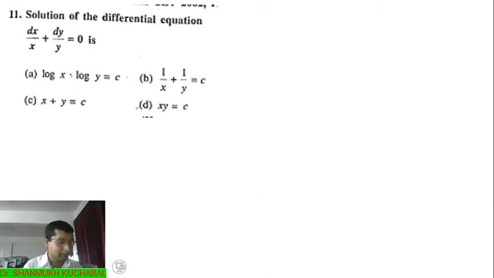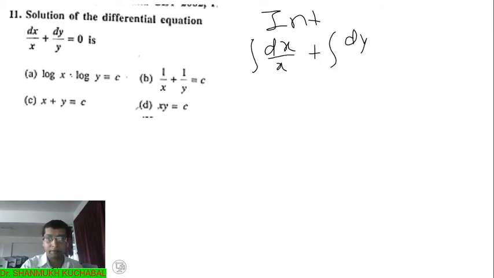So further, next example: the solution of the differential equation dx divided by x plus dy divided by y equal to 0. So we observe that we have x and dx on one side, y and dy on the other term here. So integrating, we get integration of dx divided by x plus integration of dy divided by y equal to 0.